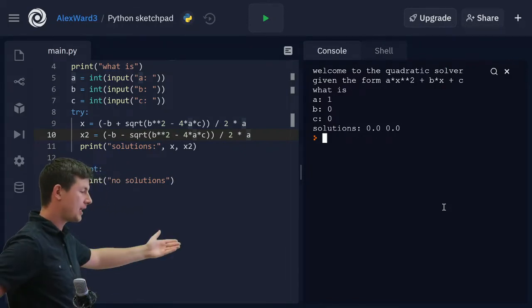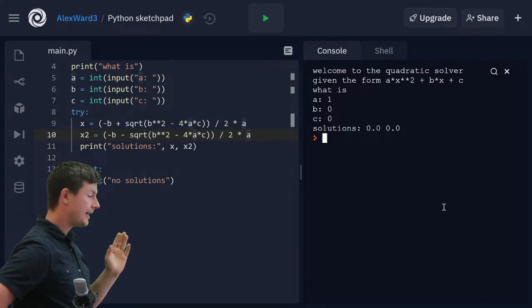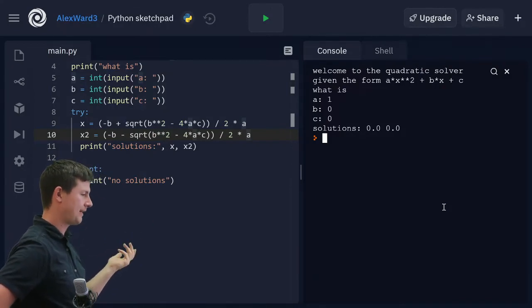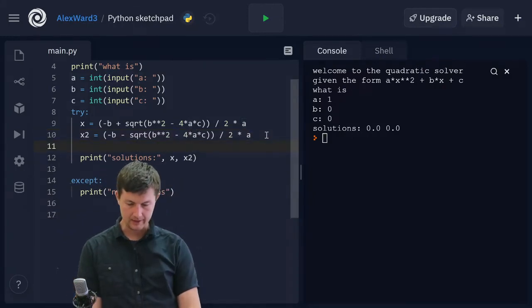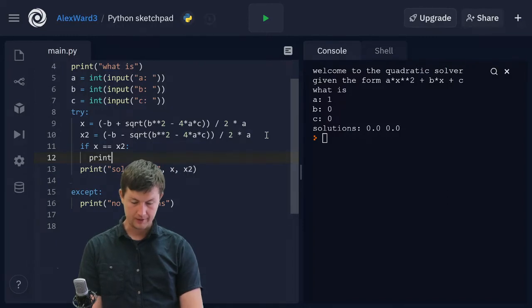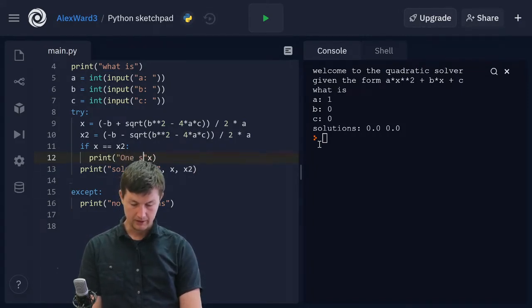Okay, so this is a classic example of where there is only one solution, but it's found that solution twice. So rather than printing both, let's just put a little if statement in here and go if x equals x2. Let's say, in fact, print "one solution".